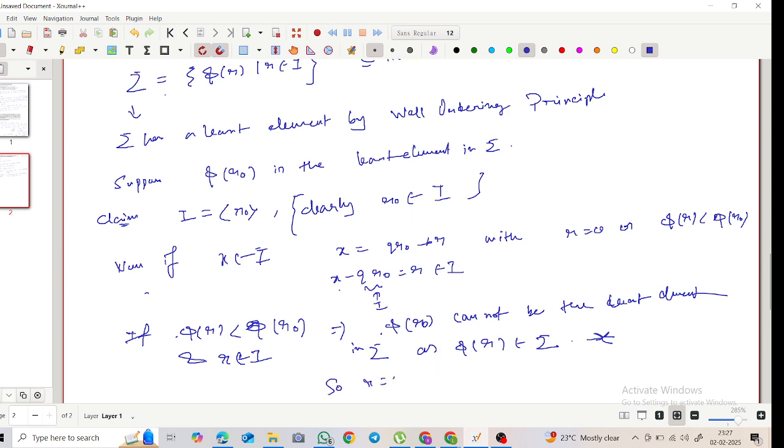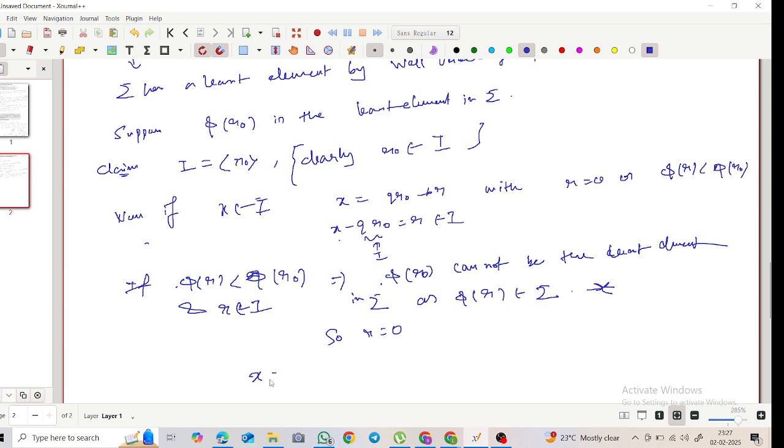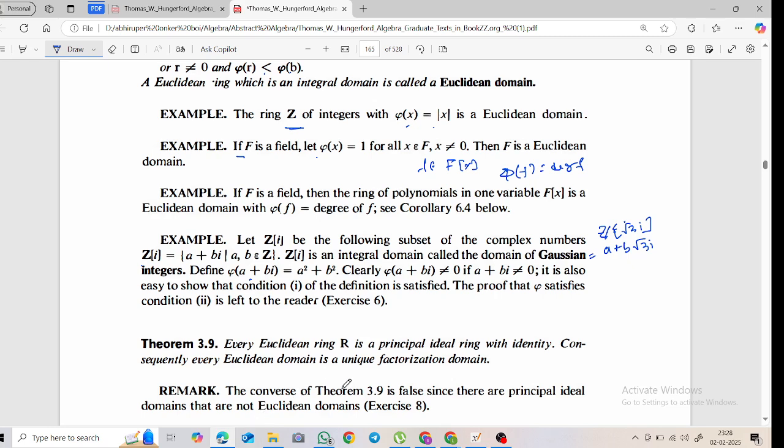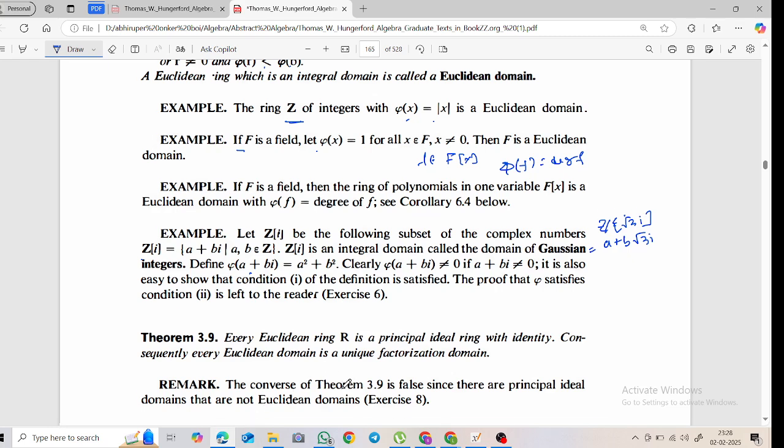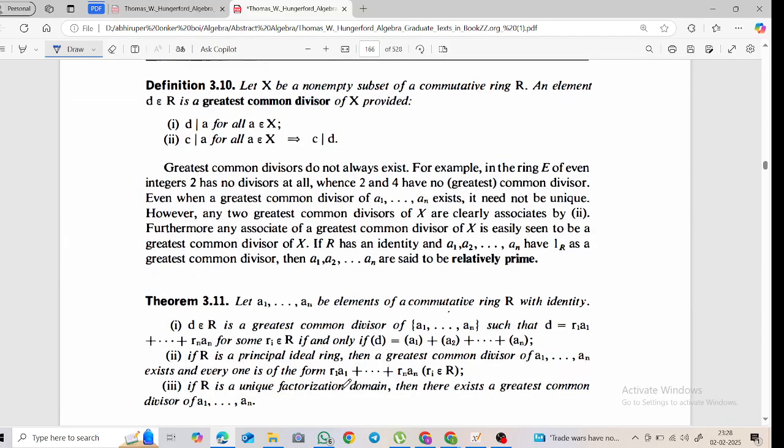So r equals 0, and r equals 0 implies x equals q r0, which means x belongs to (r0). Which means I equals (r0). So any Euclidean domain is basically a principal ideal domain.